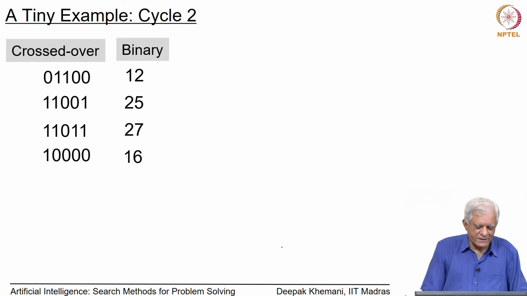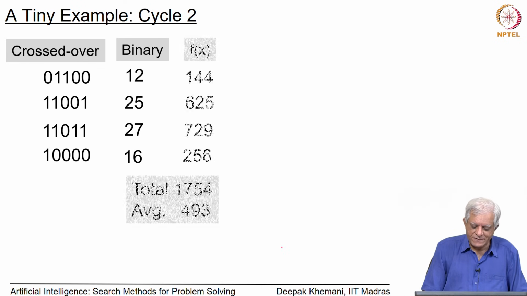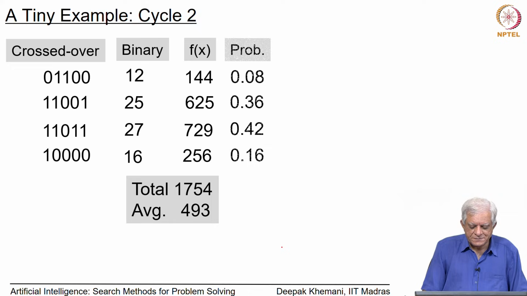These are the numbers and the fitness values that we just saw, and these are the probabilities. As you can see in this column, the probabilities of the first and the fourth candidates are pretty low, and the second and the third candidates are pretty high. So, you would expect more copies of the second and third in the next generation.